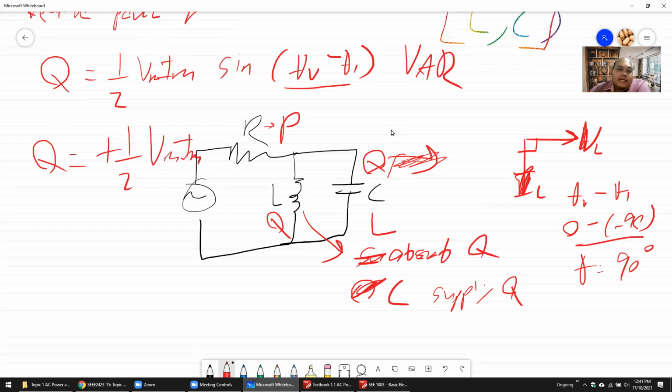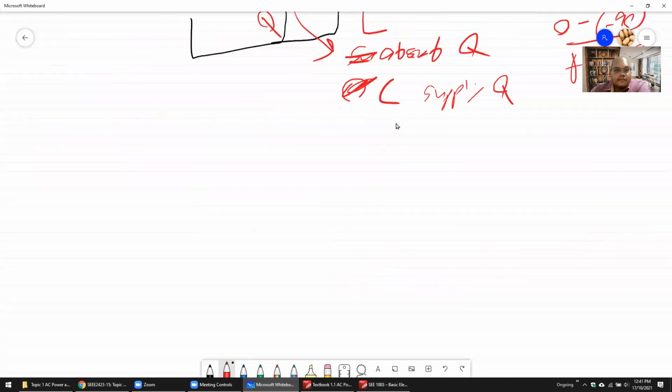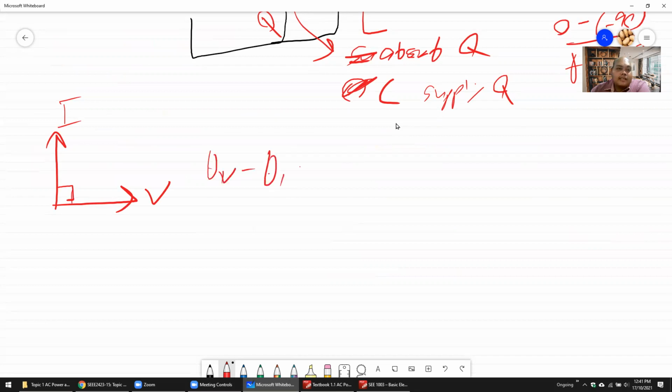But if the capacitor is connected, I is leading by 90 degrees, so theta V minus theta I equals 0 minus 90, which is negative 90.